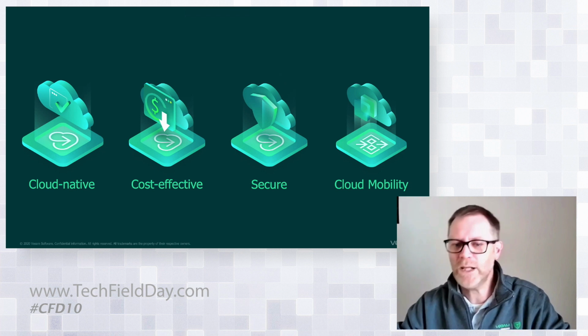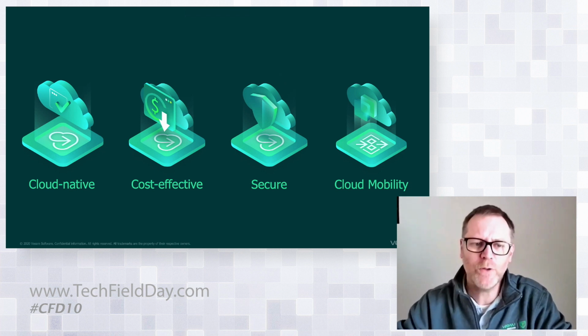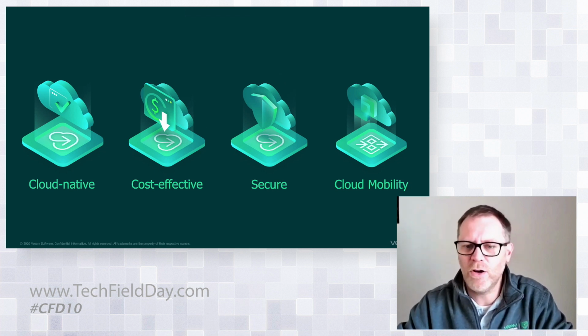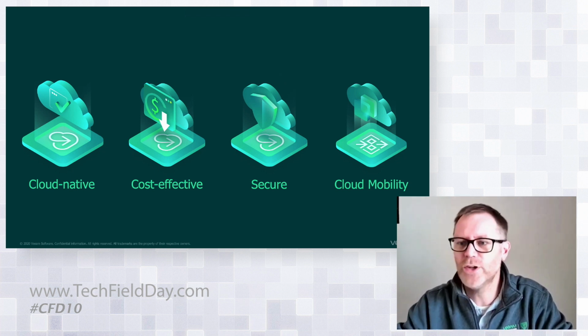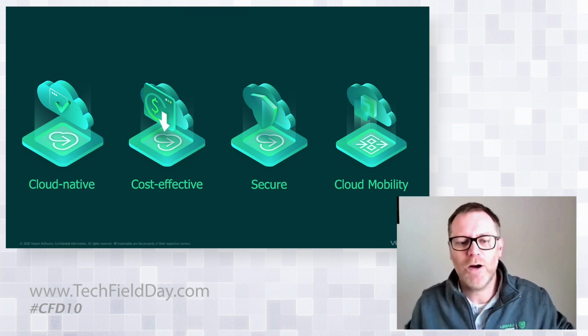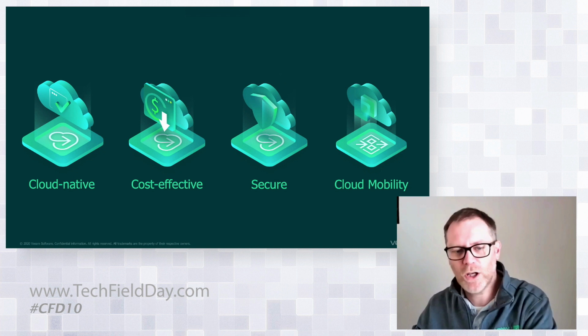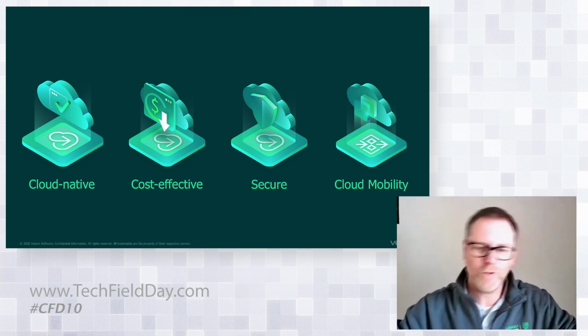And then cloud mobility. I've already spoken in previous sessions about multi-cloud and the world we're living in today, where people have workloads running in Azure, on vSphere, physical workloads, and some Office 365.